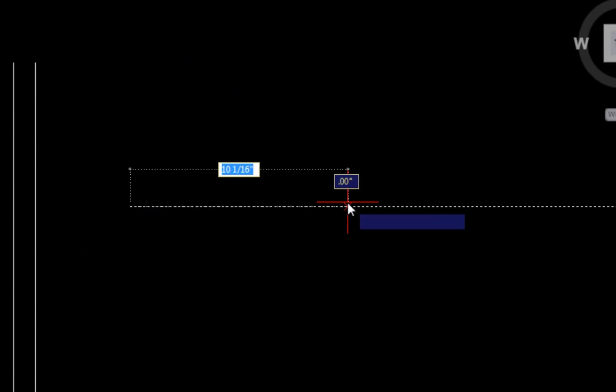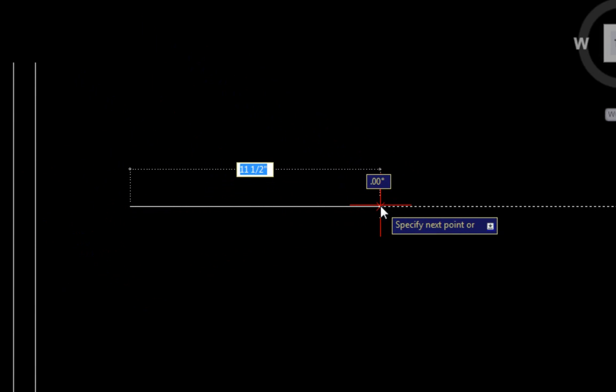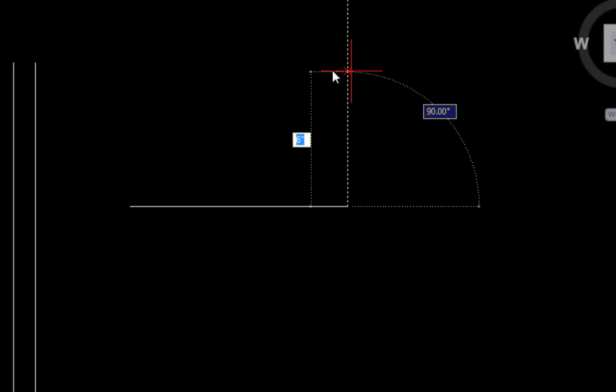I'm going to pull the line in the direction that I want to go, and then I'm going to type it in. So let's say I want to go 10 inches. I'm going to type in 10 and press enter on my keyboard. And that drew that line to exactly 10 inches.